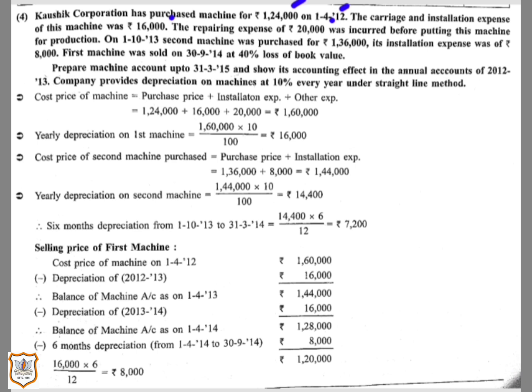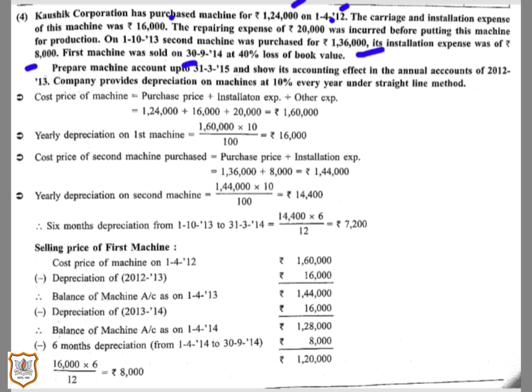On 1st October 2013, a second machine was purchased for rupees 1,36,000. Its installation expense was rupees 8,000. The first machine was sold on 30 September 2014 at 40% loss of book value.